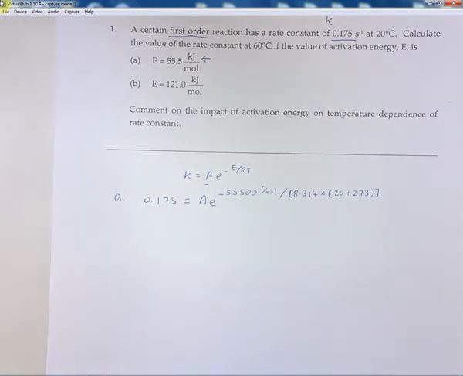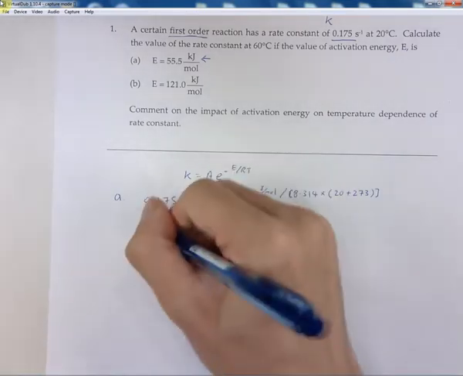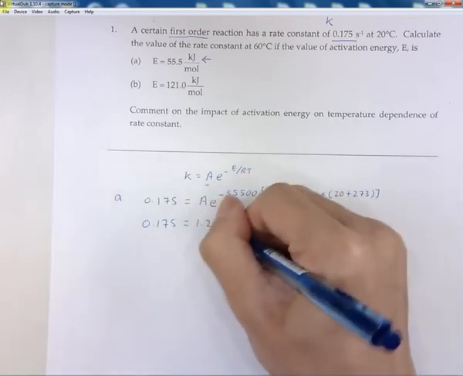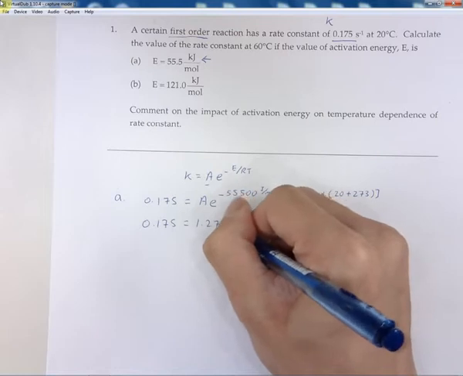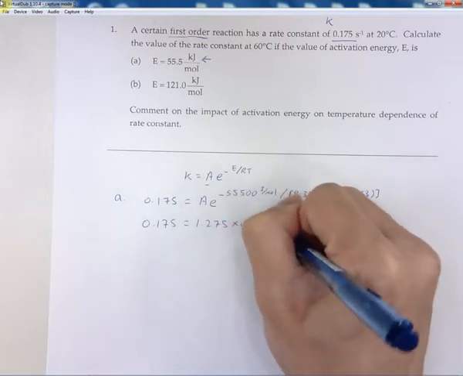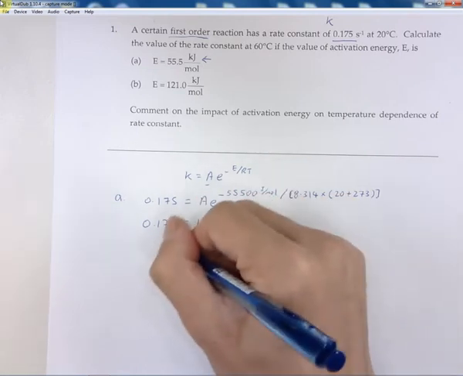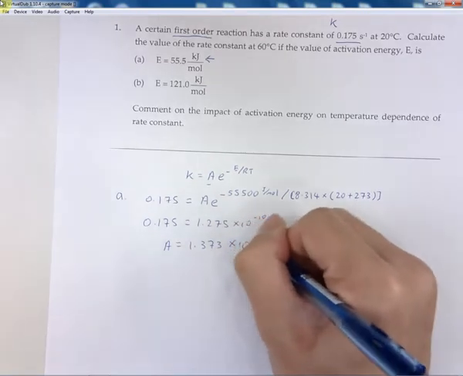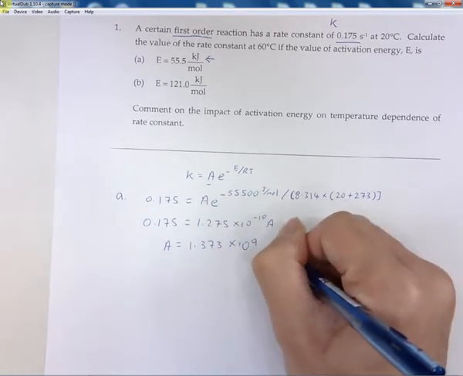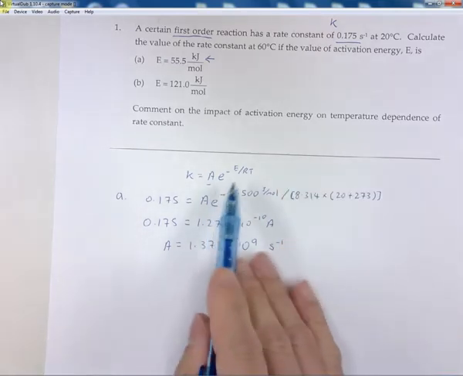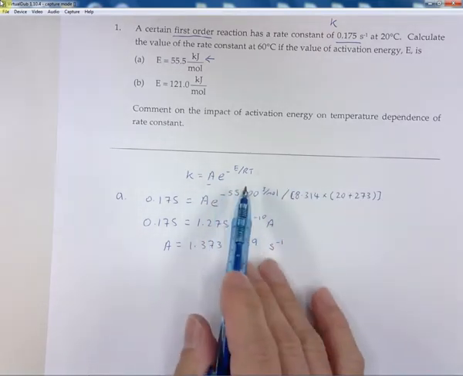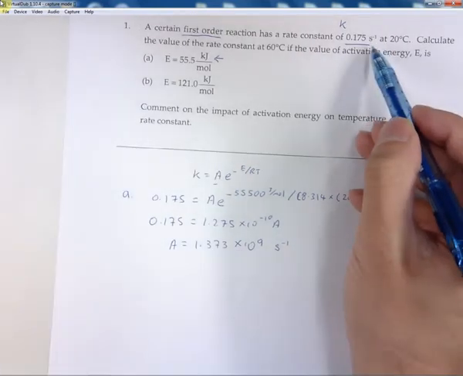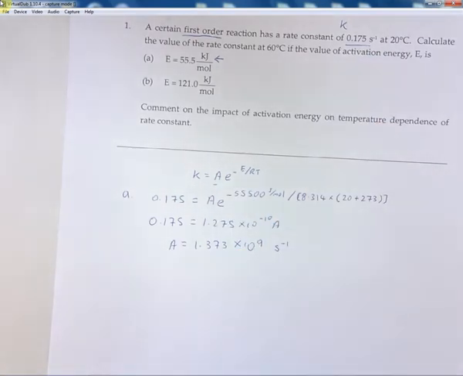We can simplify this by using a calculator and you get a value of 1.275 times 10 to the power minus 10 for the exponential term, and A will have the value of 1.373 times 10 to the power of 9. The unit will be per second because the exponent part is dimensionless, and K has a unit of per second, so therefore A must also have a unit of per second.